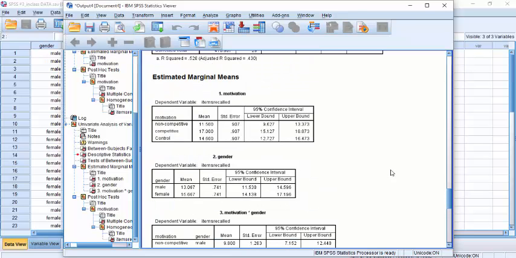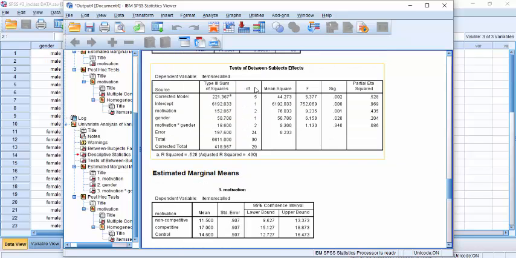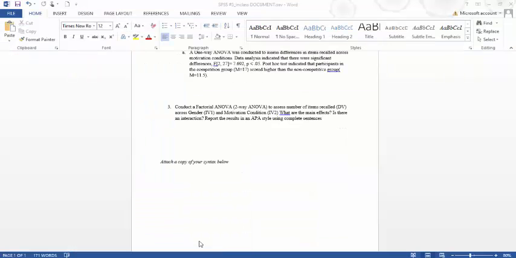Alright. So what we're going to do is go ahead and report our significant main effects for motivation, and our main effect for gender. So the F for motivation was 9.235. Significance was less than 0.05. So go back to our document.